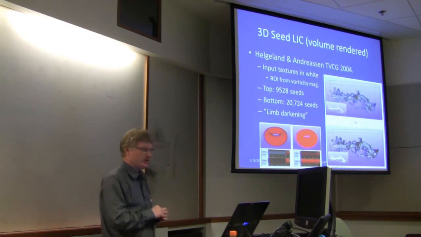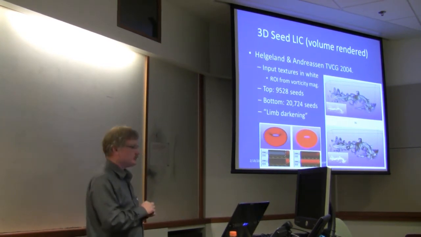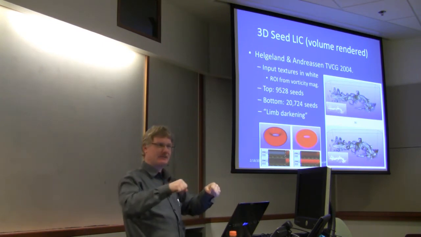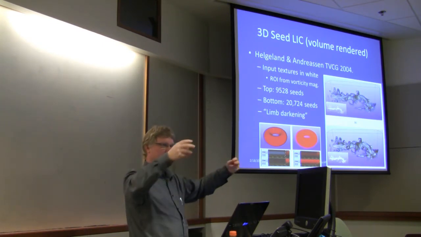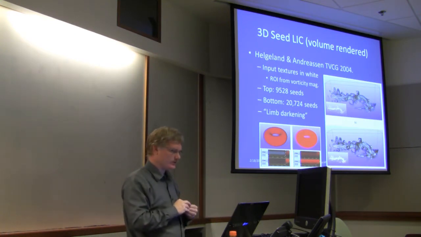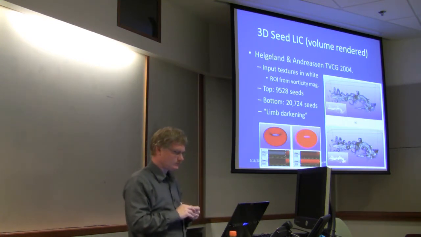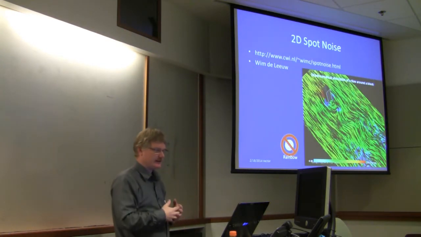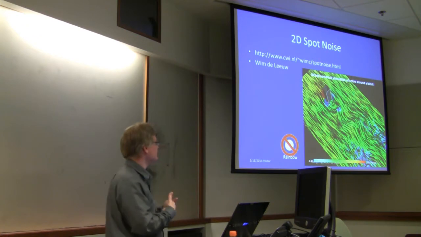All right, another approach is to do line integral convolution, but only seed it at locations where there's interesting things happening, so that you can basically have the flow pattern where you care about it and see around where you don't. And then this is a 2D version of spot noise.